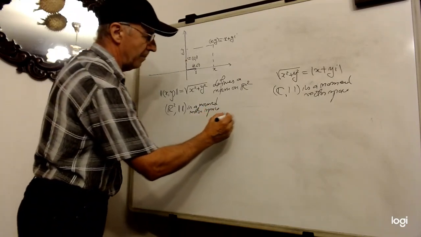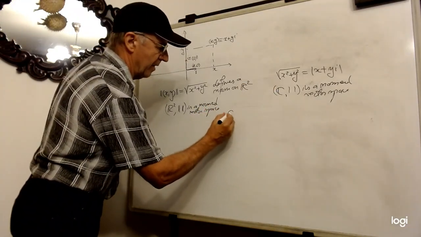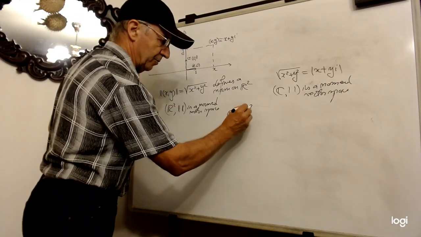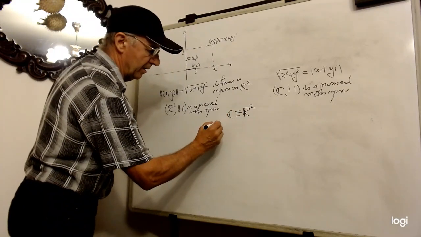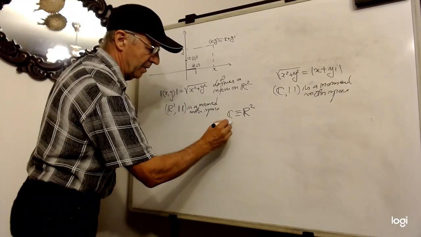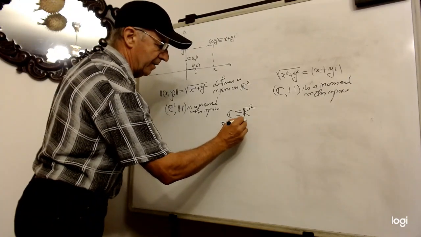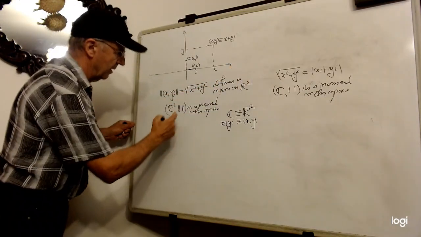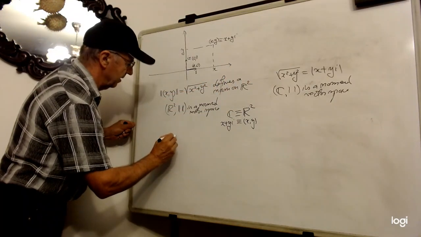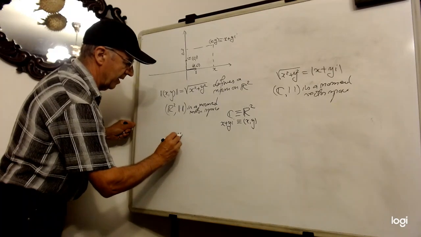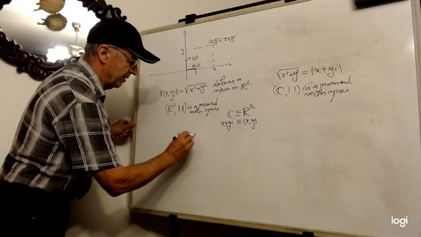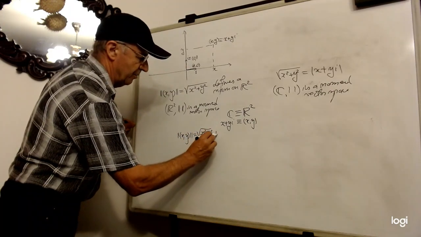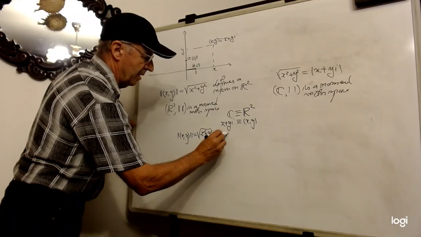The considered mapping: we already remarked that C can be identified to the space R2. We identify the complex number x plus y i with the vector x, y, but by the formula we have already presented, the norm of (x, y), which is the square root of x squared plus y squared, equals the norm of x plus y i.